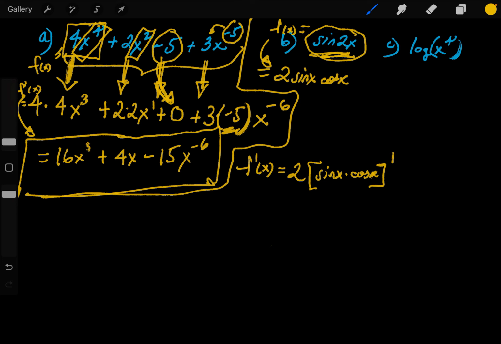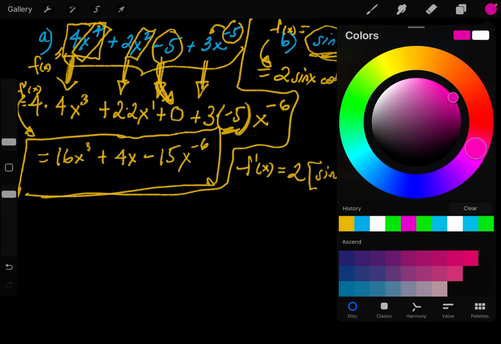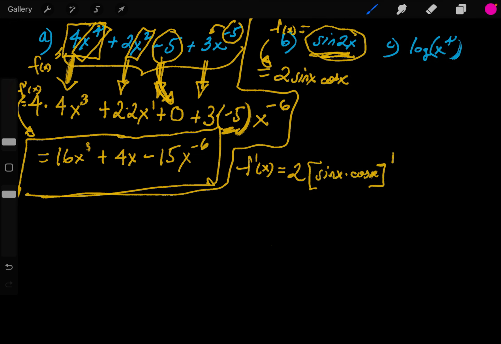I purposely put the derivative symbol so that way this actually is f prime of x, and the way you find the derivative of sine x times cosine x is using the product rule. We have to remember what the product rule is, and we have to know how to use it. So the derivative of f times g, f and g are two functions, is f prime, the derivative of f, times the function g, plus the derivative of g times the function f.